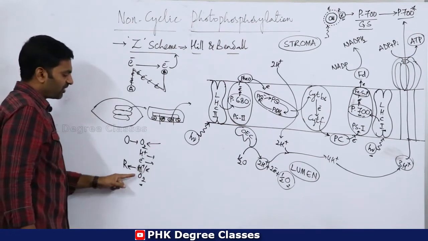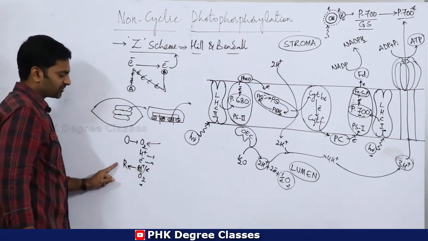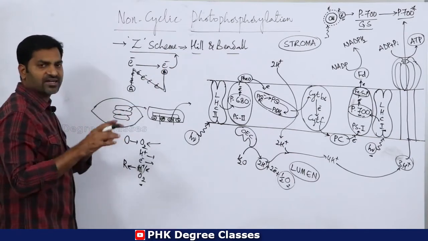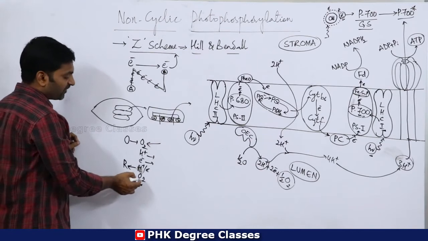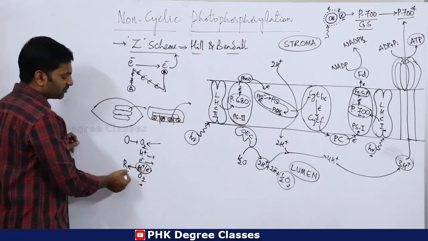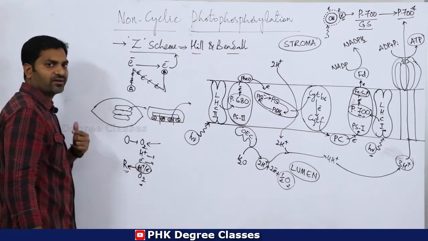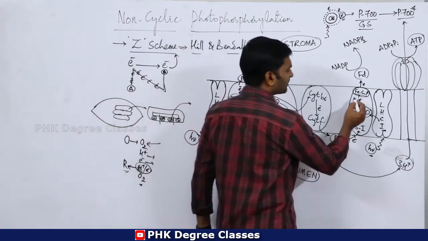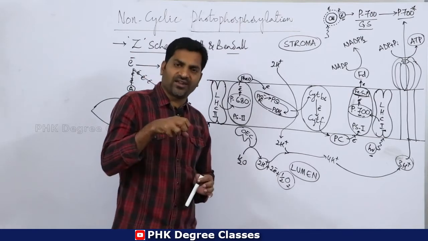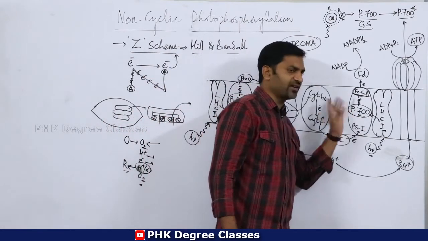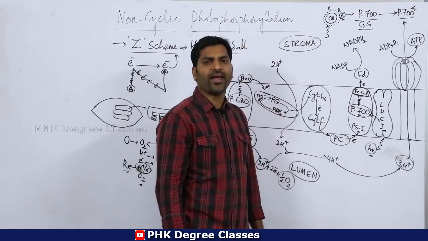So this can be called oxidation and reduction. What happens here? Iron sulfur protein receives electrons. Whenever electrons or protons are received by some substance, that is called reduction. So this iron sulfur protein gets reduced after receiving electrons from P700, the chlorophyll A molecule.